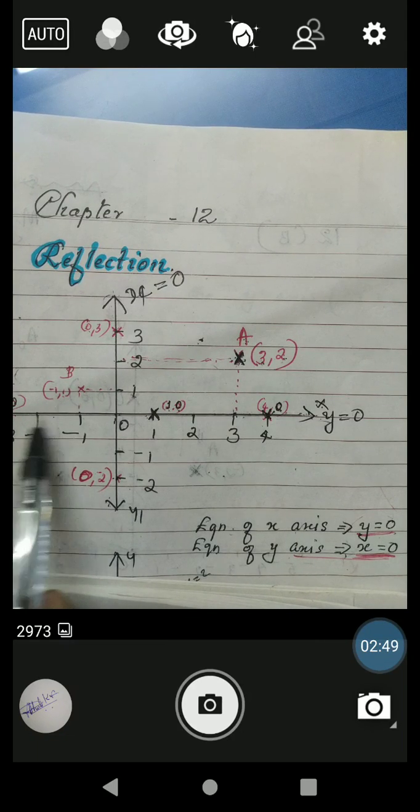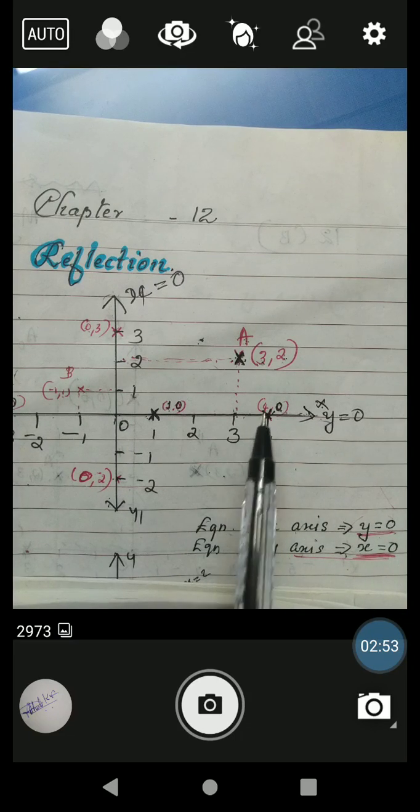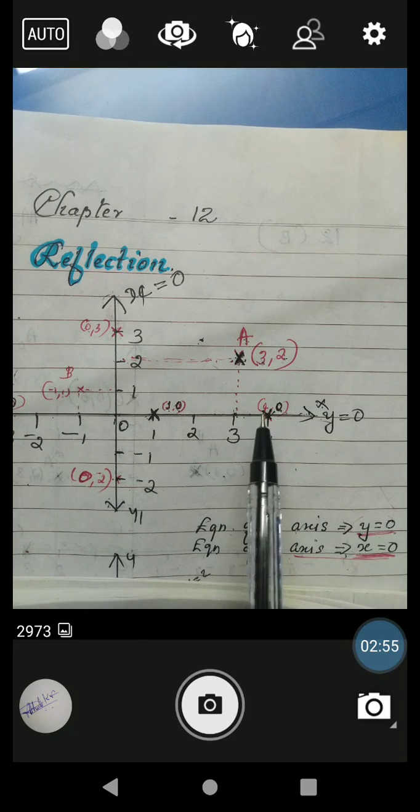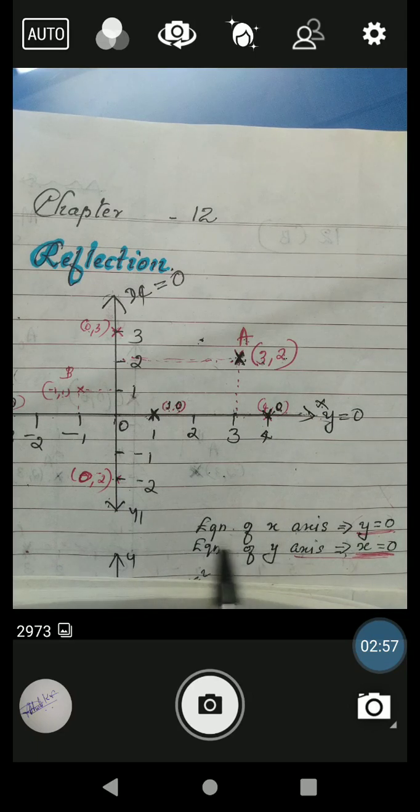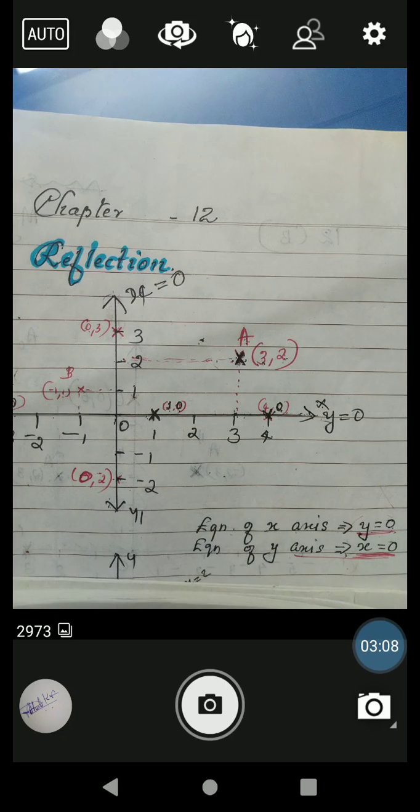If we take any point on the x-axis, its y coordinate is 0. That is why the equation of x-axis is y = 0. Remember this. And similarly, the equation of y-axis is x = 0.